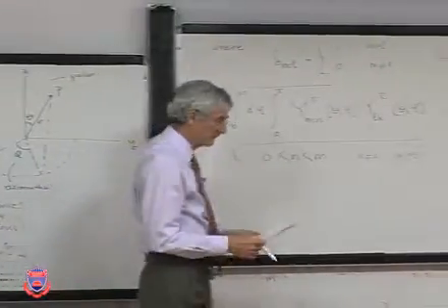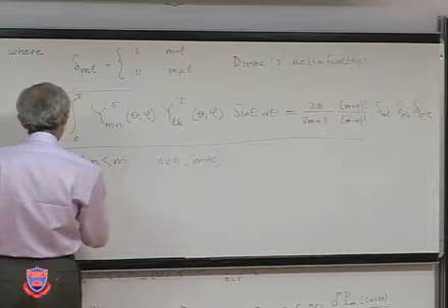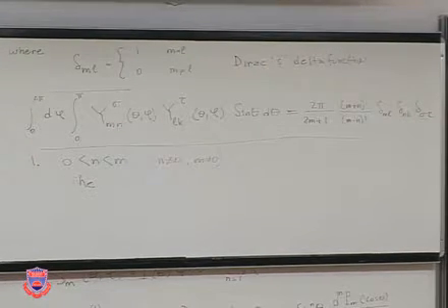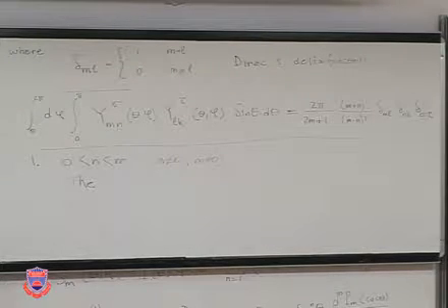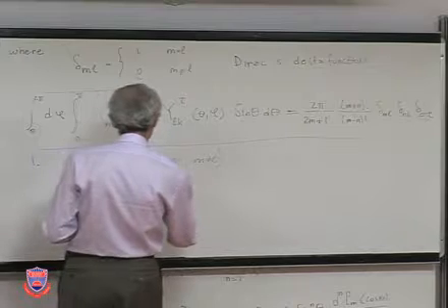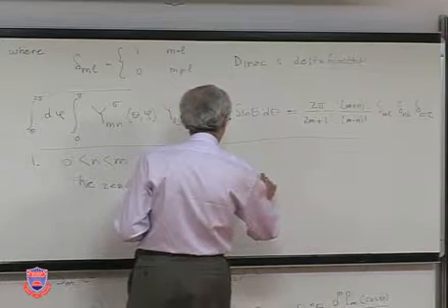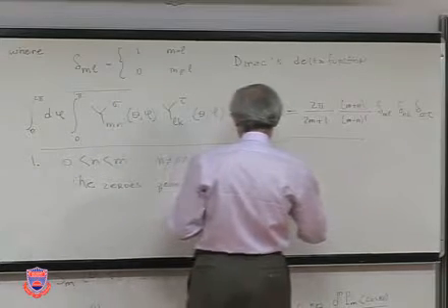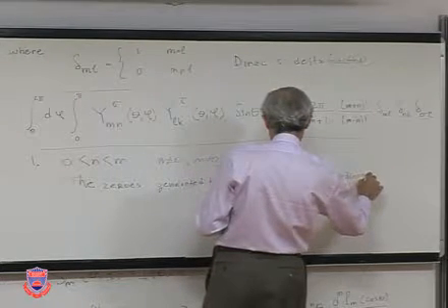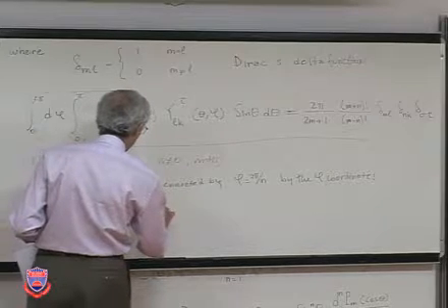Now, in this case, the zeros generated by the phi coordinates lead to n meridians.